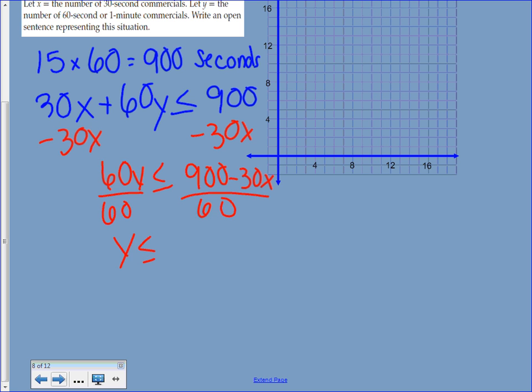We're going to keep that Y as less than or equal to negative 30 divided by 60, which is negative 1/2 X, plus 900 divided by 60, which is 8. So now we have it in slope-intercept form.